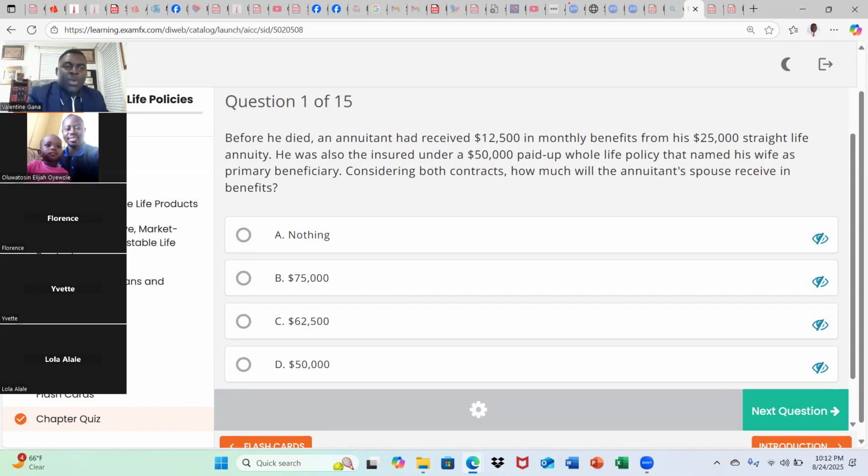So let's look at the second part of the question. It says, he was also the insured under a $50,000 paid up whole life policy that named his wife as the primary beneficiary. So there was insurance for $50,000. Considering both contracts, how much will the annuitant's spouse receive in benefits? What do we think is the answer now?